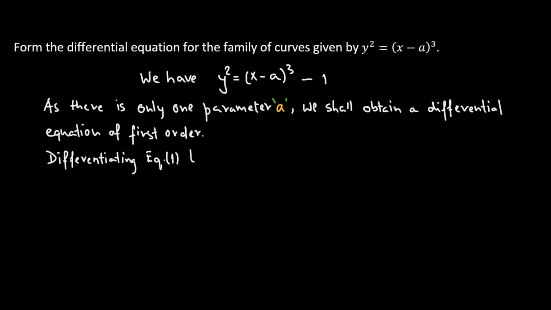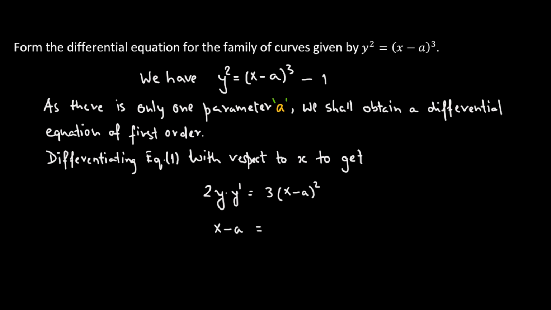Differentiating equation number 1 with respect to x to get 2y times y prime equals 3 times (x minus a) squared. Solving for x minus a, we have (2/3 of y times y prime) raised to the power of half.